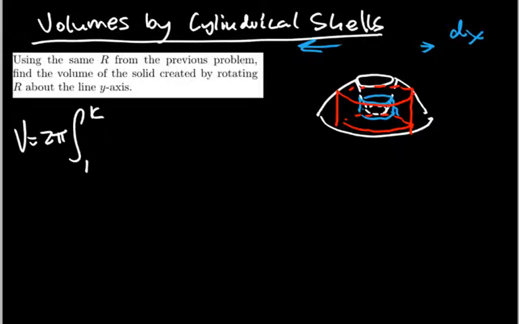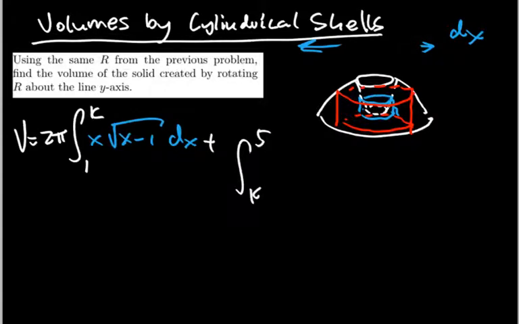So I'm going to do this one as x times f of x. That f of x is going to be the square root of x minus 1 dx plus, and then from k to 5 of the next one, which is x times 5 minus x dx. Again, I'll leave solutions in the description later on. For here, just set it up, and yeah.